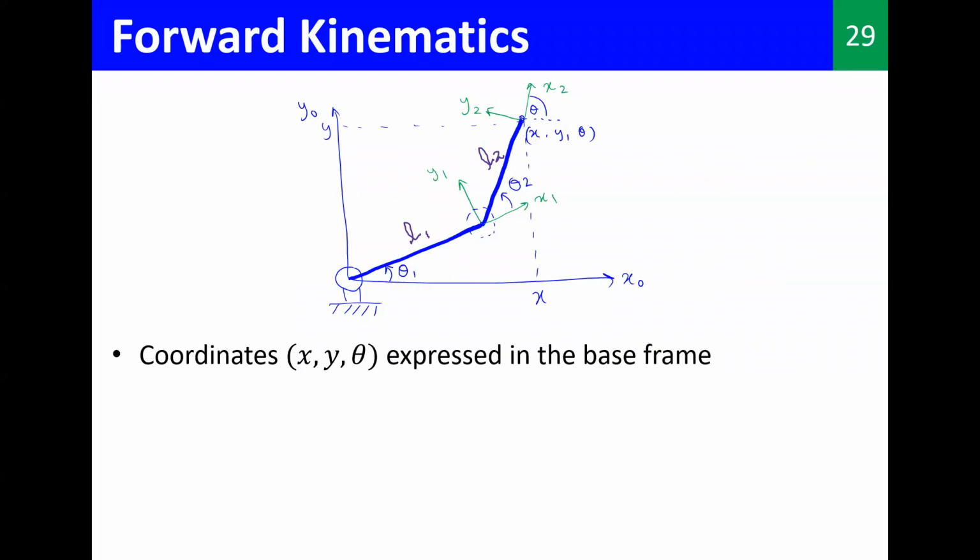Okay, now I'm asking you to find x, y, and theta based on this given information. There are some constants that you can use, as well as some variables, theta 1 and theta 2. So I'm basically asking you to find x, y, and theta using theta 1 and theta 2, right?